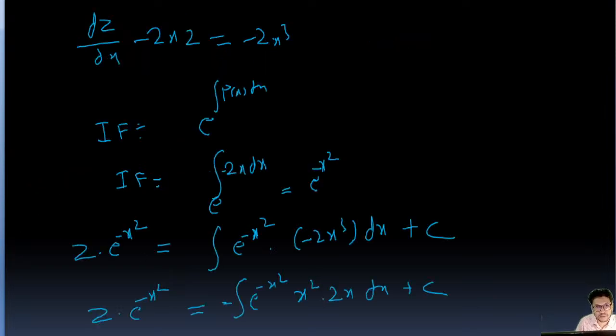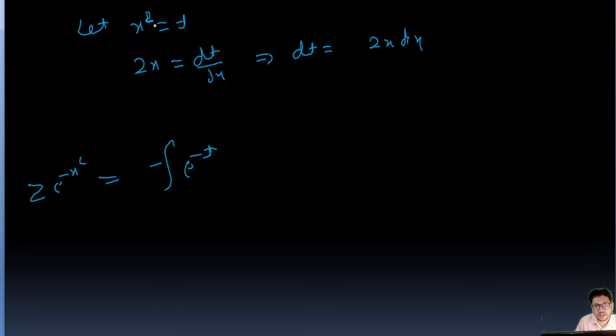We have supposed x square equal to t, right? So t dt plus c. We have just put x square equal to t to solve this integration. Okay, so e to the power minus x square, finally we'll put the value of t. So we'll use integration by parts.